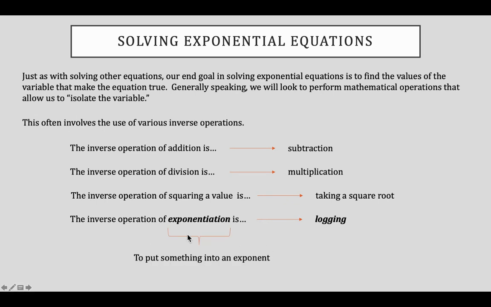So in this case, we are going to be doing some logging to help us in solving exponential equations. Remember, exponentiation means to put something into an exponent. Logging means to take the log of something. Recognize that if the variable you are trying to solve for is located in the exponent, you are going to have to do some logging to solve for that variable and to remove it from the exponent.